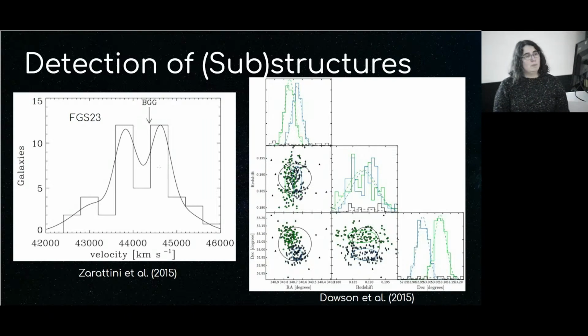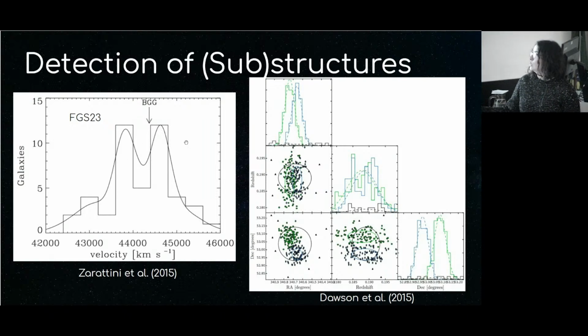However, the problem with the Gaussian mixture models is that in some cases we have a poor sample of galaxies, and you see 3 Gaussians or 2 Gaussians because in this part you have a lack of data.